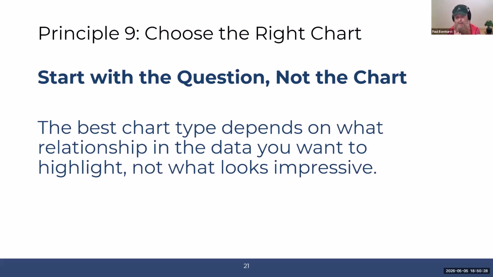If I want to show the parts to the whole, I might use a pie chart. But maybe I want to show something about each one individually. I may not want a pie chart. I may use a bar chart. Or, if I want to show there's an outlier, I might use a scatter plot, where in another case, I might use a line chart. So I always encourage people to start with the question.